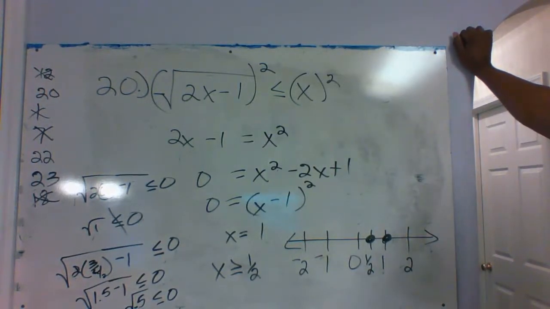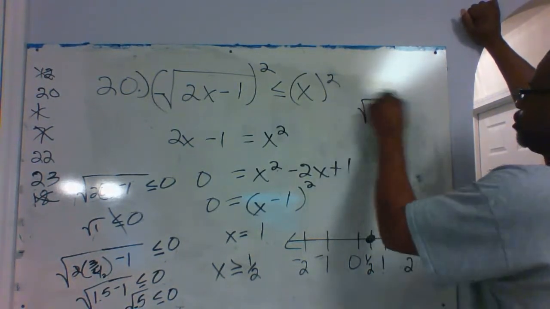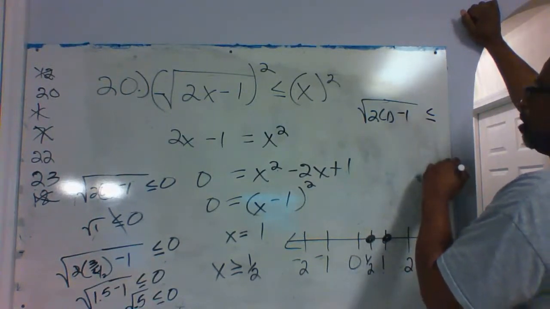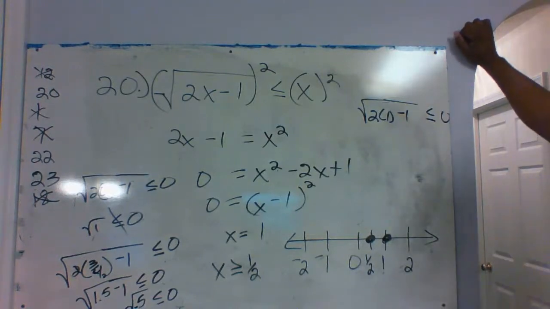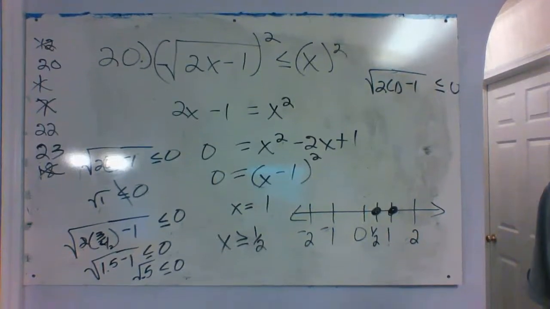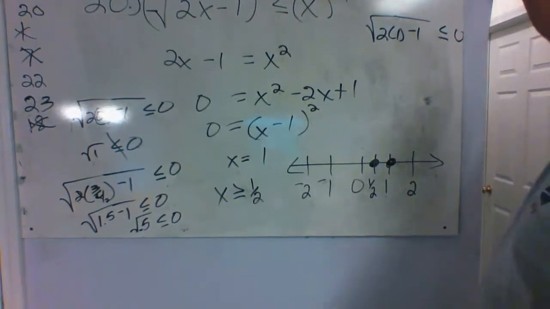So would that work? Let's see, what did I do? So that's 1/2, that's 3/4. All right, so let's try 1. So we have 2 times 1 minus 1 is less than or equal to 0. So what did I do? Let me see number 20 again. X is greater than.